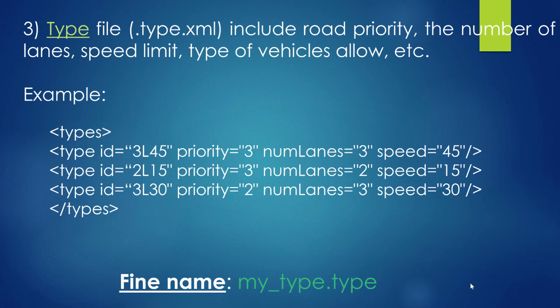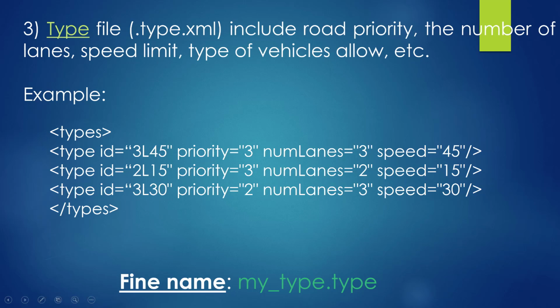We need to create the type file, which has extension .type.xml. The type file includes route priority, the number of lanes, speed limit, type of vehicle allowed, etc. This is one example.